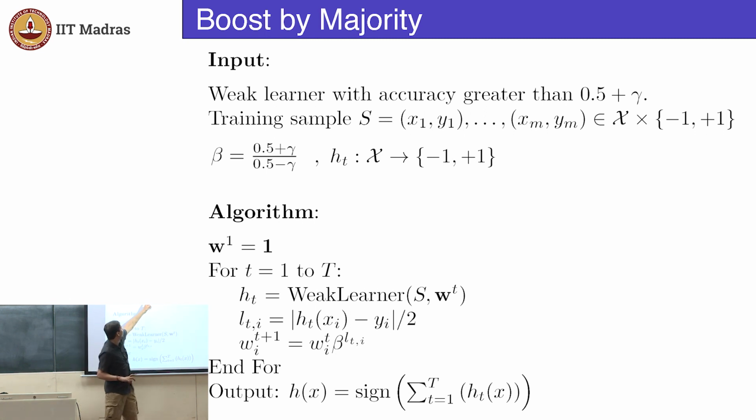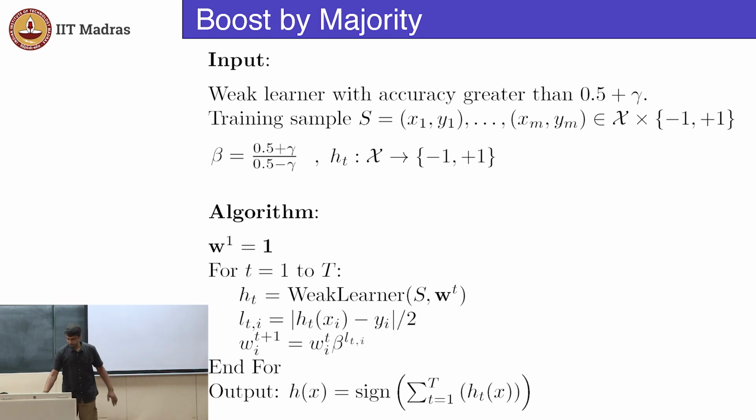This is your data. You have (x_i, y_i) data. Each x_i is some vector, it doesn't matter. Each y_i is either +1 or -1. So if your model h_t has performed well on data point x_i, h_t(x_i) will be equal to y_i. Which is, if y_i is +1, h_t(x_i) is +1. If y_i is -1, h_t(x_i) is -1. That's the best case scenario.